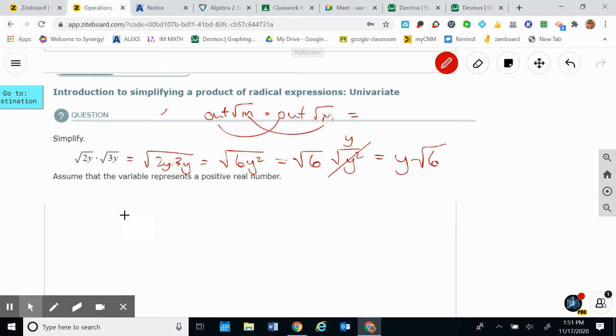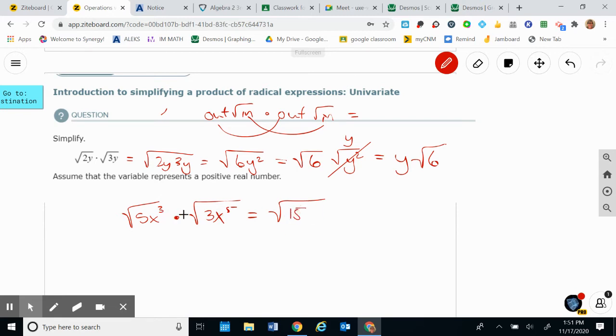Okay? So if you had the square root of 5x to the third times the square root of, I don't know, 3x to the fifth, that is going to be 5 times 3 is 15.